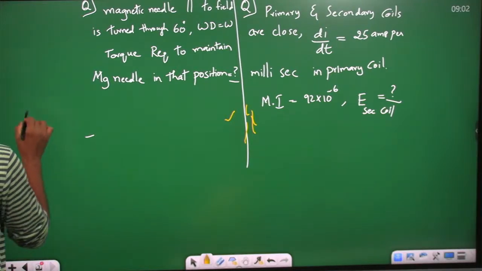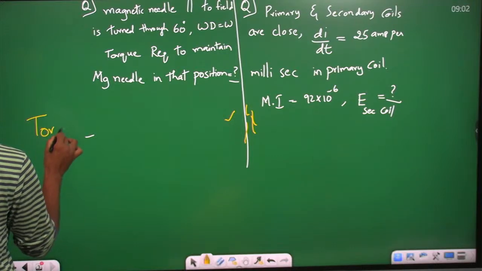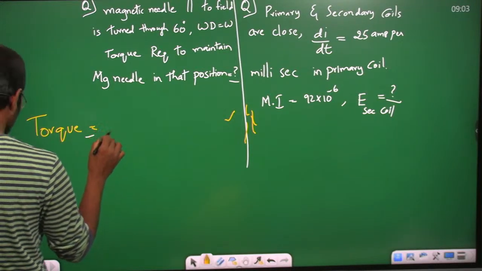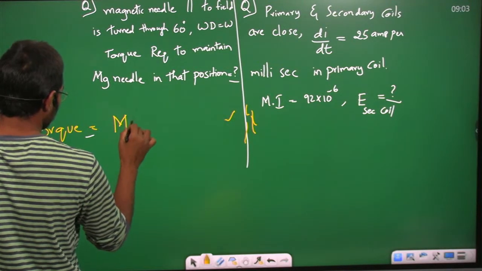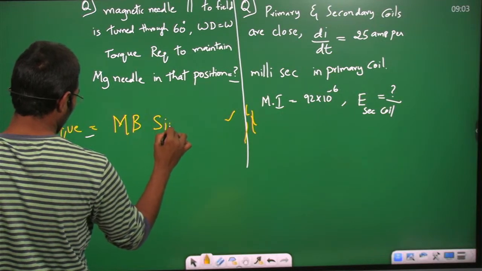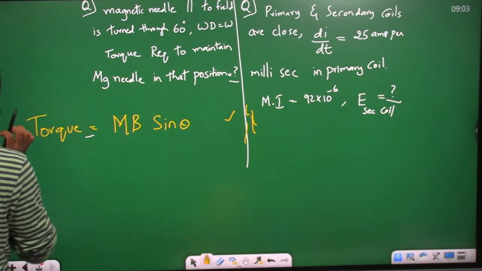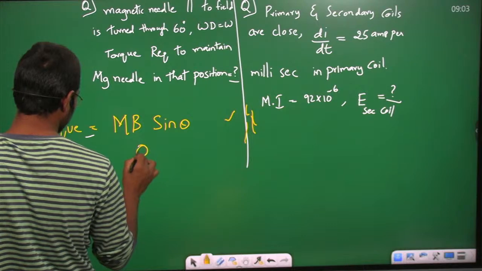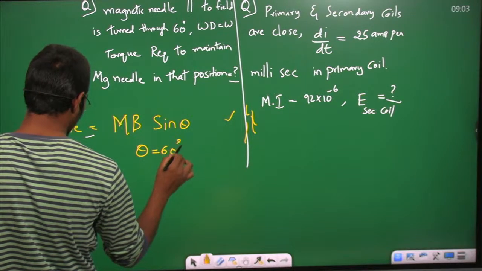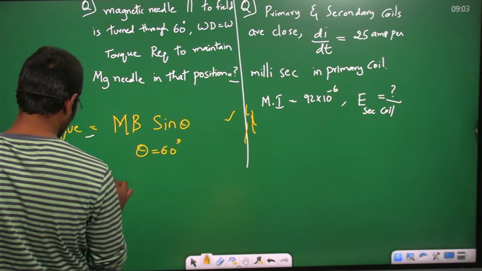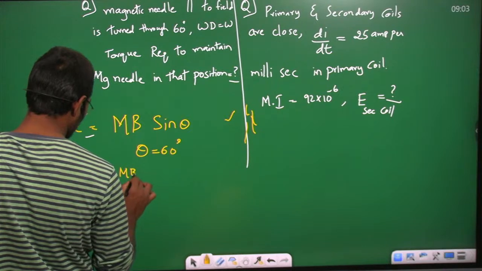So as per our basic fundamental equations, torque is equal to mB sin theta. Okay, so theta 60. Torque is equal to mB root 3 by 2.